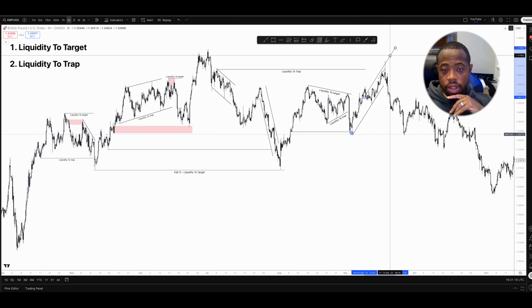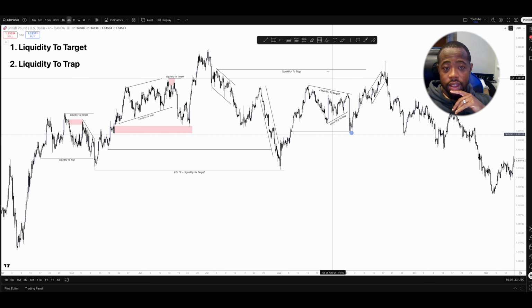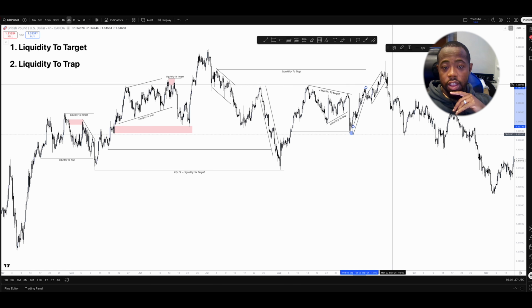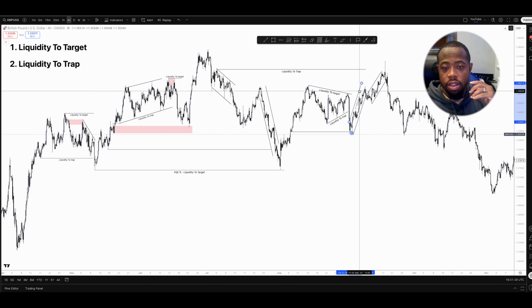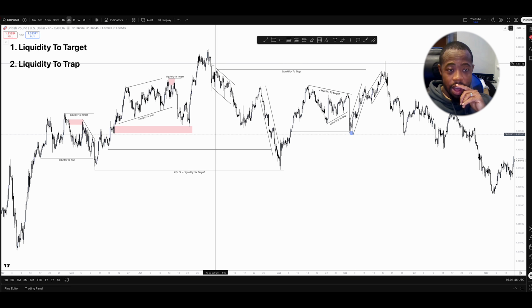So we've got two channels here, fractal channels. We've got the main big one, but then we've got one here, which would be the small one just before price took the high to the left. And then we've got one here as well. But either way, it's price creating structural liquidity to take on the way down. So if you're in this, you would need to get out up here.